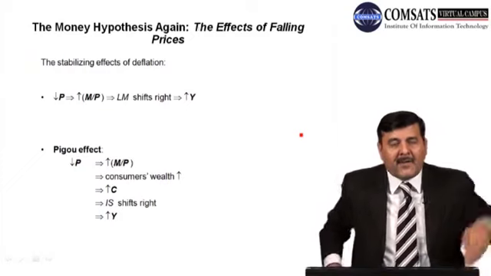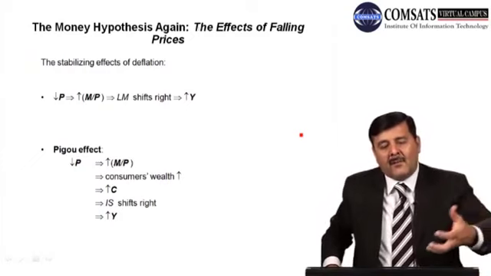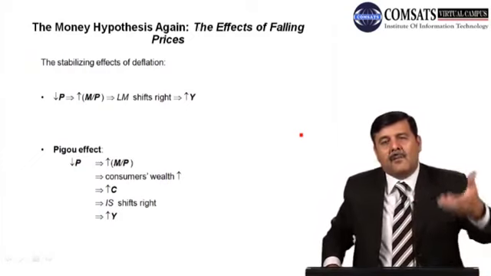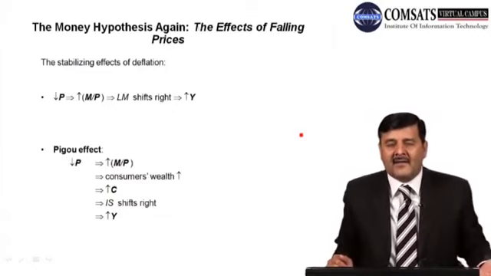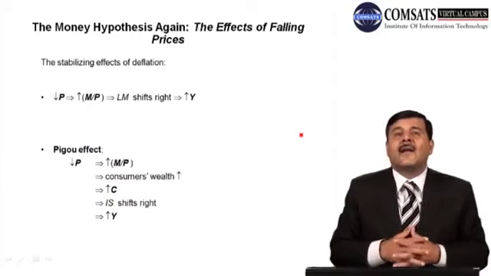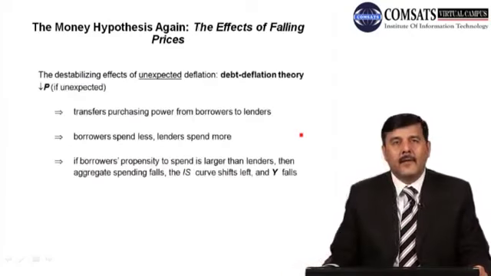When P comes down, overall money supply increases, consumers' wealth increases, consumption increases, the IS curve shifts rightward and income increases.